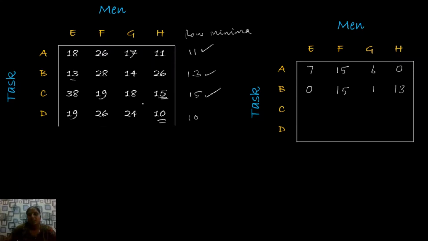For the third row, 15 is the minimum element: 38 minus 15, 23; 19 minus 15, 4; 18 minus 15, 3; 15 minus 15, 0. And for the last row: 19 minus 10, 9; 26 minus 10, 16; 24 minus 10, 14; 10 minus 10, 0.